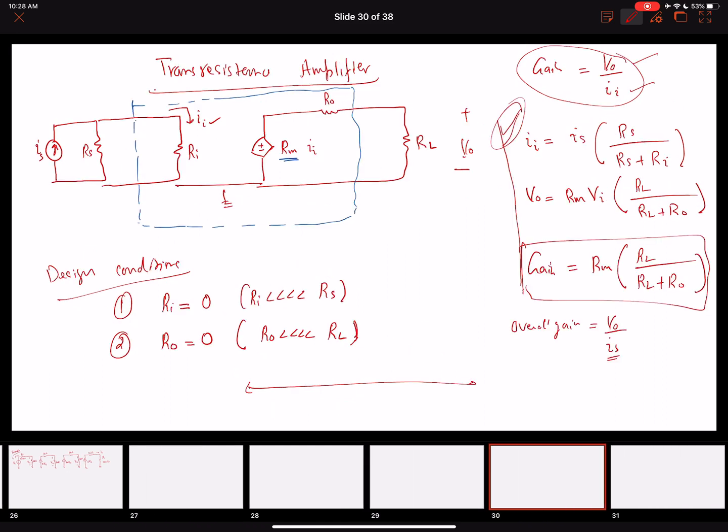Finally, for the trans-resistance amplifier, the gain is V naught over II, so we apply a voltage divider rule at the output and a current divider rule at the input. We have also seen the design conditions for all of these amplifiers. All of these topics are very important in terms of concepts, and some may come in the exams as well.